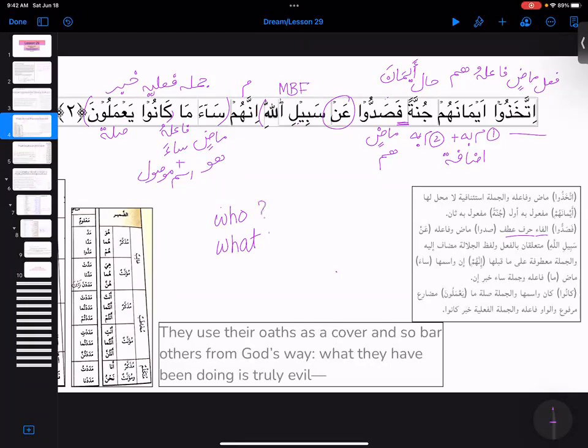Okay, so these are the two questions we can ask. Same example, khalaqa, he created. Who did he create? And what, or why, or how, right? So it looks like saddu can take two maf'uls.